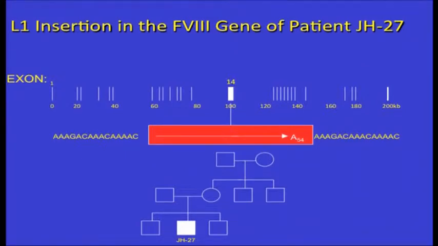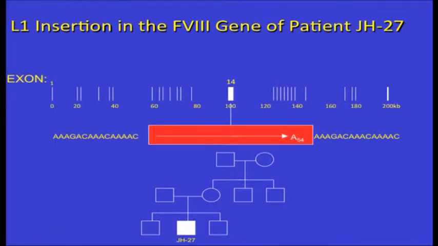And this was a truncated L1 element. The full-length element is 6 kilobases. This was about 3.8 kilobases. It had a lot of the signs of a retrotransposition event, a long poly A tail at the end of the L1, and target site duplications of the endogenous exon 14 sequence.